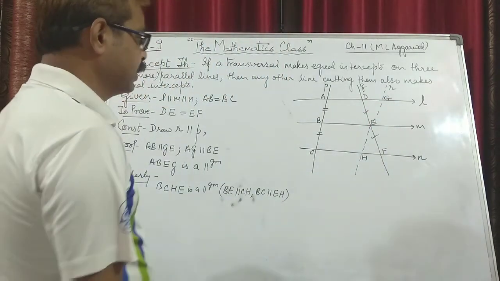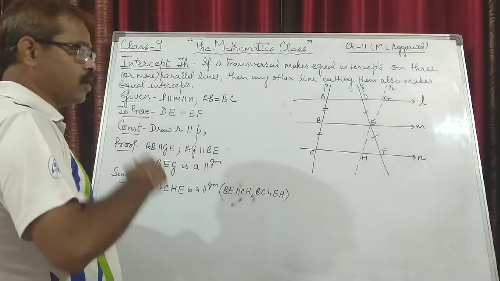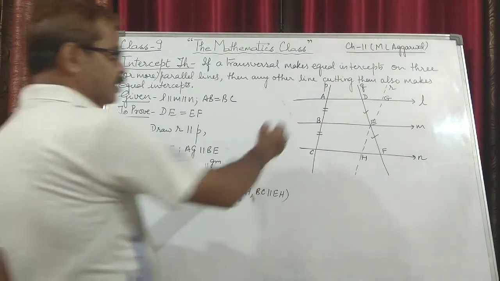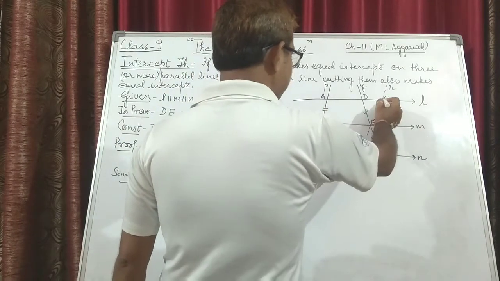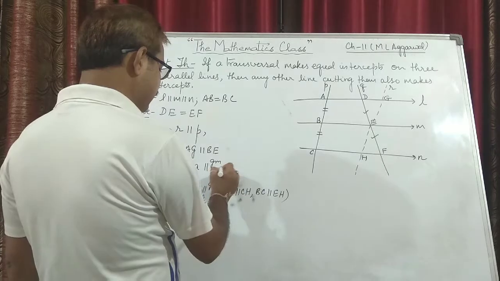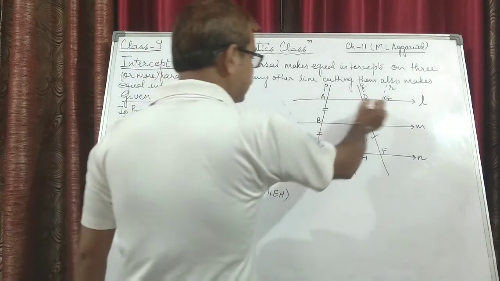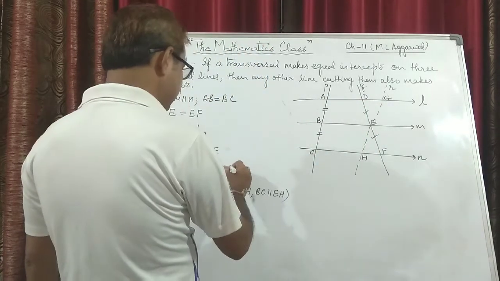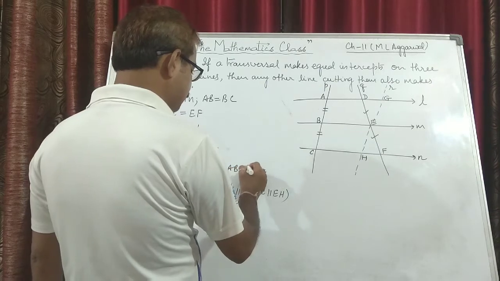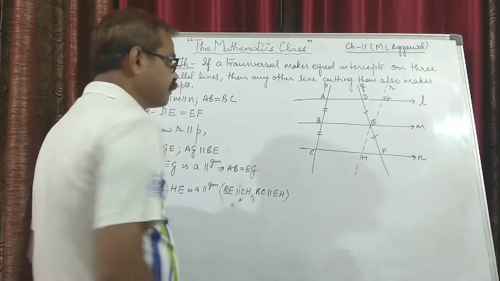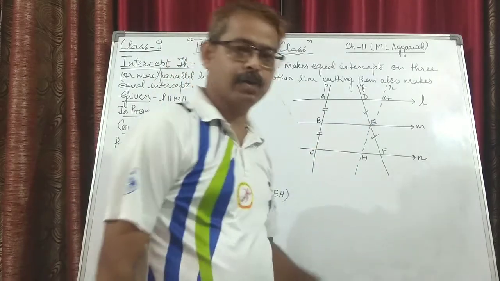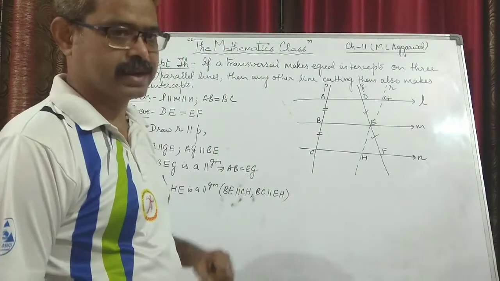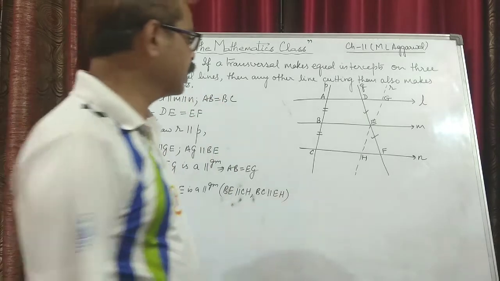Now in a parallelogram, we know that opposite sides are equal. So if ABEG is a parallelogram, in a parallelogram opposite sides are parallel and equal.